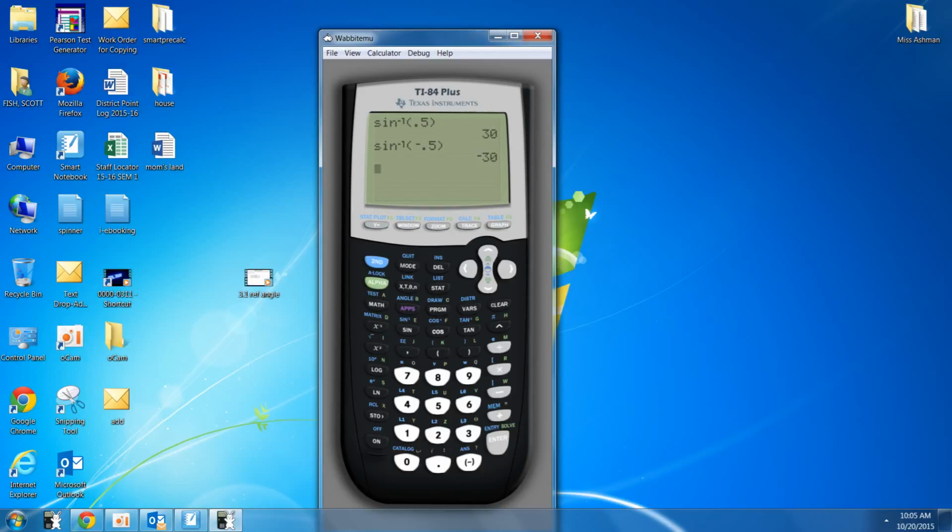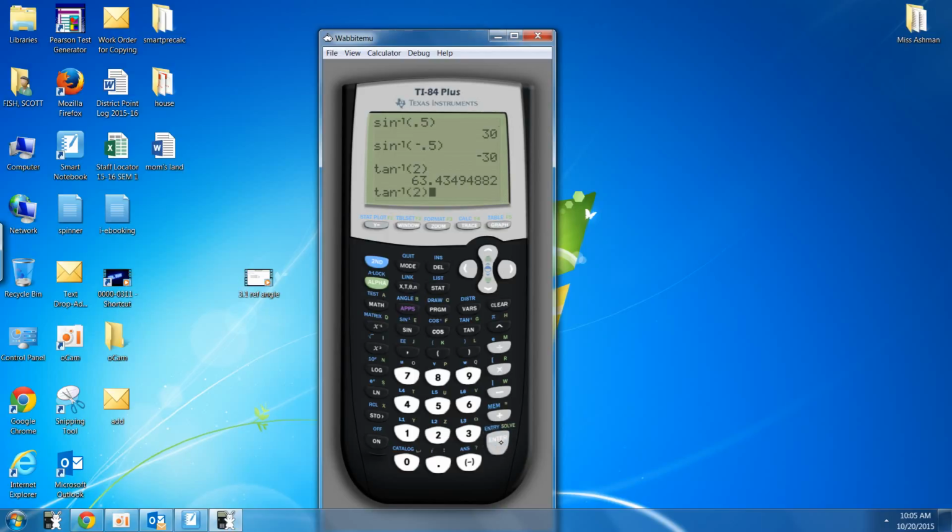Let's go ahead and use tangent. Second tangent, which is the inverse tangent of, let's say, 2 is equal to 63.43 degrees. That is the reference angle. So the tangent of 63.43 is equal to approximately 2.